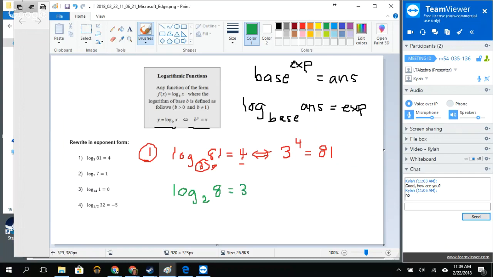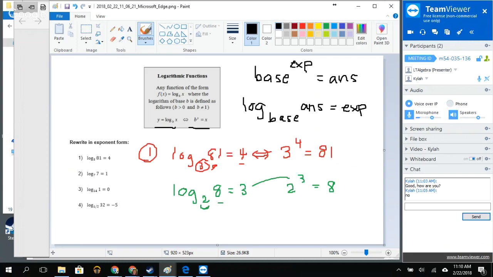So another way I would write this is that my base is 2, and it went to the basement to find the answer, which is 8. The answer is 8. And I use my exponent to do that. So 2 to the 3rd power equals 8. It's just kind of like a weird new way of rewriting exponents.